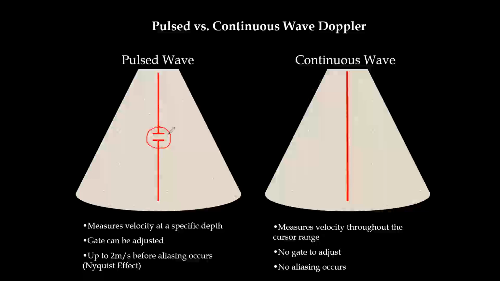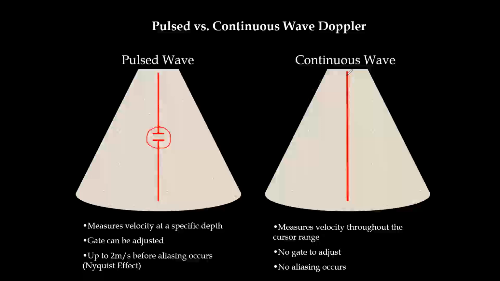This is the limitation, but the uniqueness of pulse wave Doppler is that very specifically for that particular area, you can measure the velocity of the RBCs. This is the range gate.